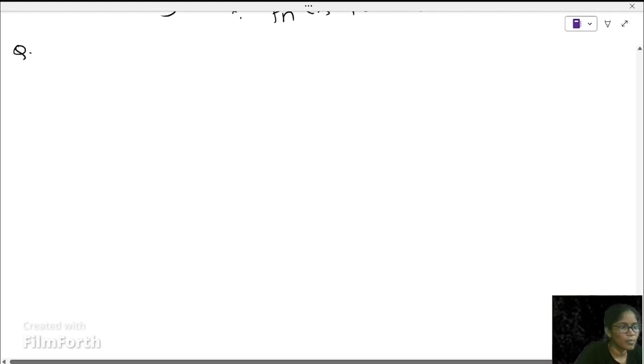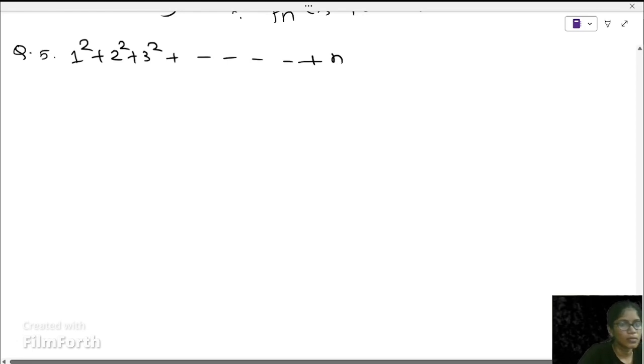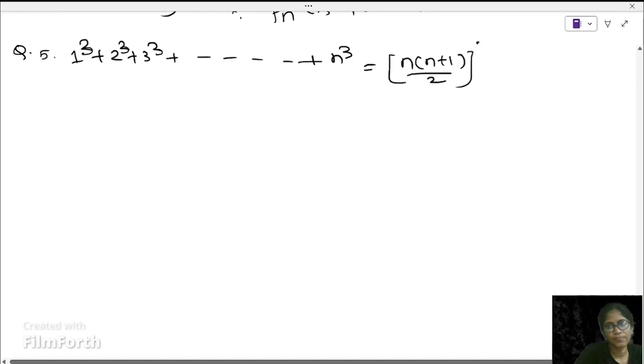Now question number 5. 1 square plus 2 square plus 3 square plus up to n, sorry, those are cube. 1 cube plus 2 cube plus 3 cube plus up to n cube is equal to n into n plus 1 by 2 whole square for all n greater than or equal to 1. Prove by method of induction.